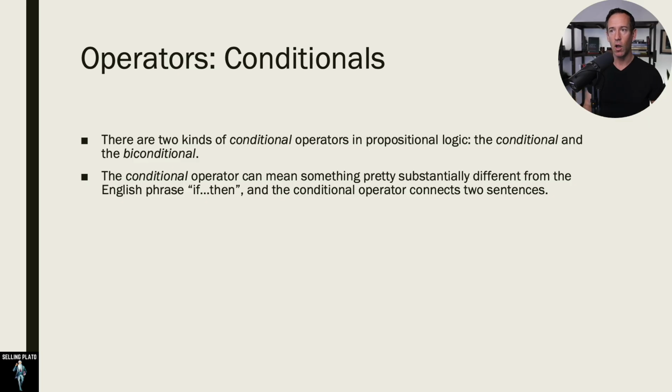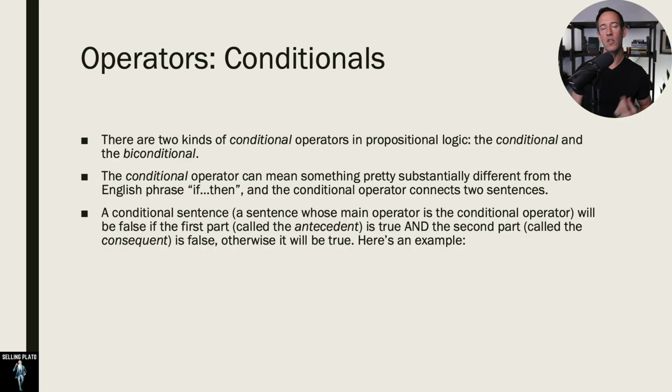The conditional operator can mean something pretty substantially different from the English phrase "if then." That's the basic English translation of the conditional: if something, then something. And the conditional operator connects two sentences. So here's the definition.